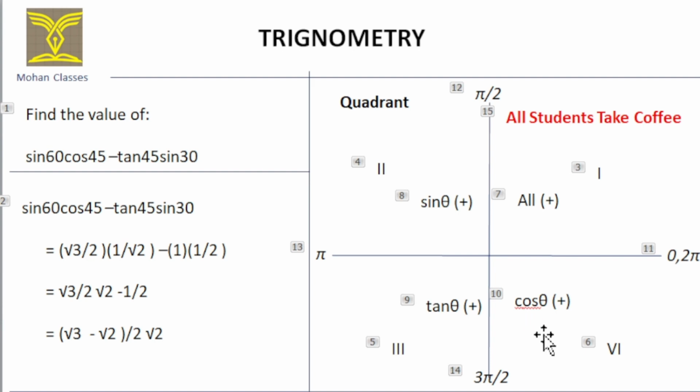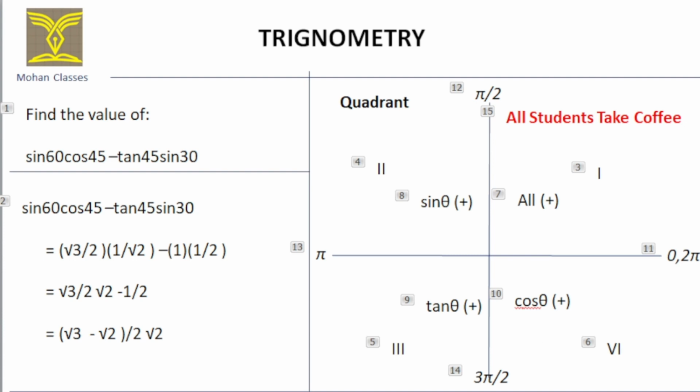How to remember this? You can just go through it: All Students Take Coffee. If you keep this in your mind, you can easily understand all. First quadrant, all functions are positive. Students, sine and cosecant will be positive. Take, tan and cot. Coffee, cos and secant.